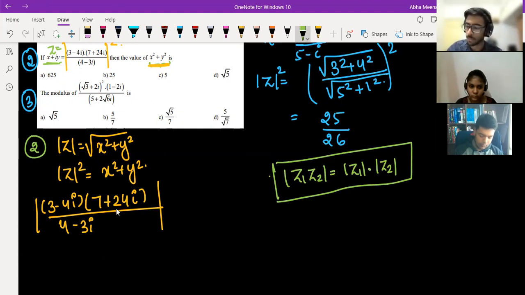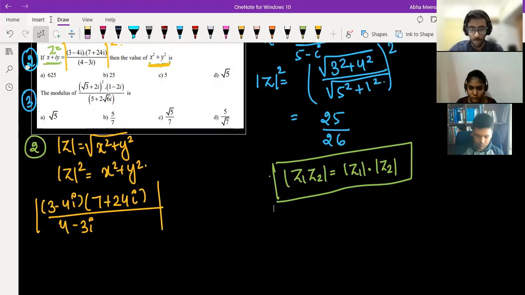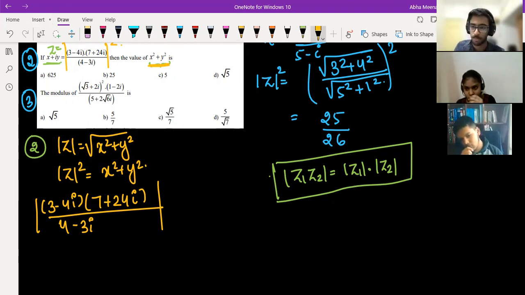So modulus of 3 minus 4i into 7 plus 24i, we can separate it, right? Right, children? So what is modulus of 3 minus 4i? 5. Okay.